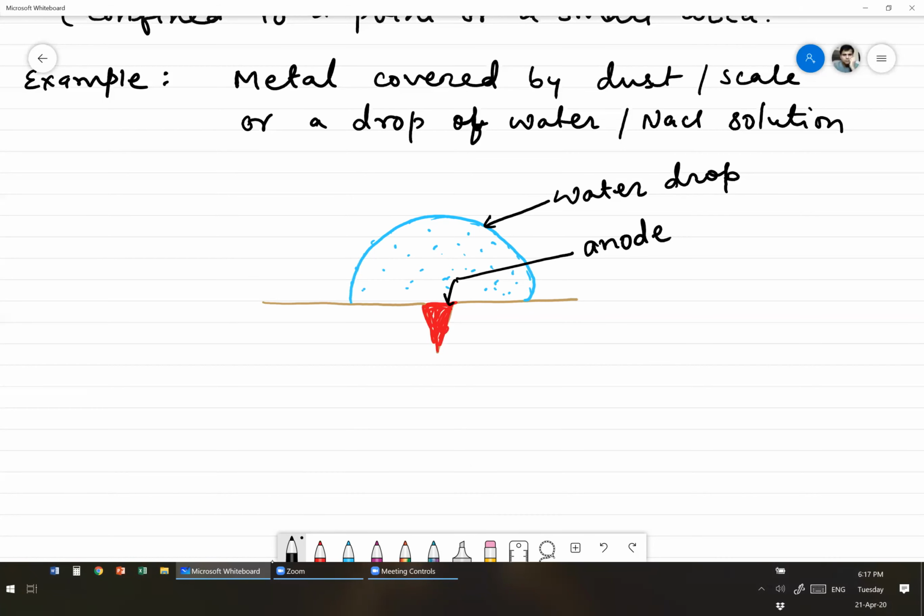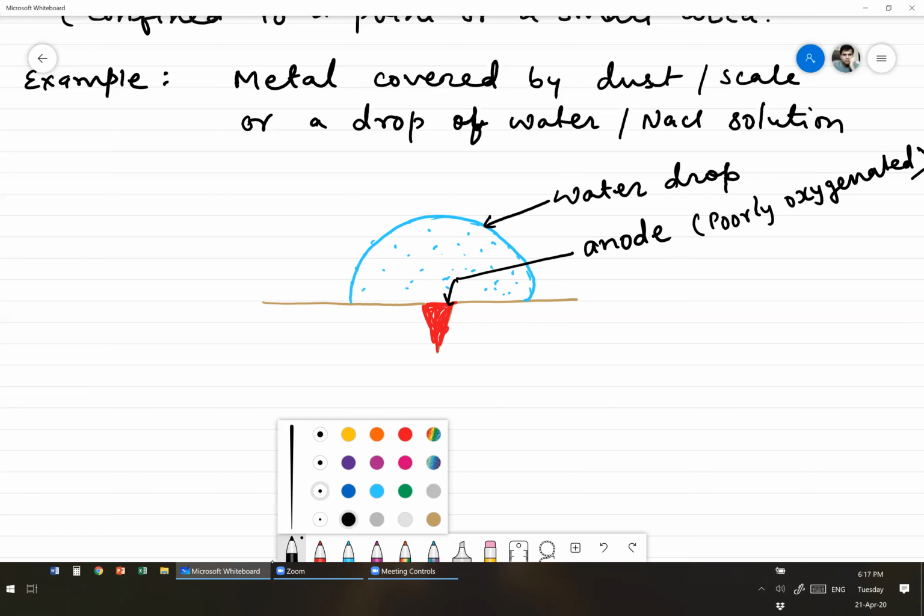So a very small area of the metal surface is covered by the water drop, and this small area acts as anode because it is poorly oxygenated. And the remaining metal surface acts as cathode.